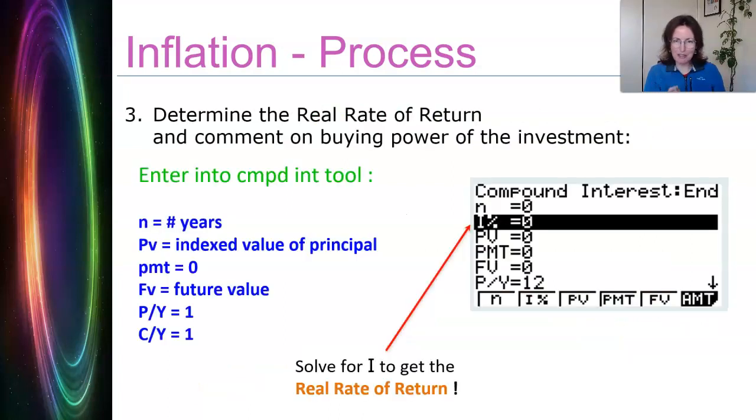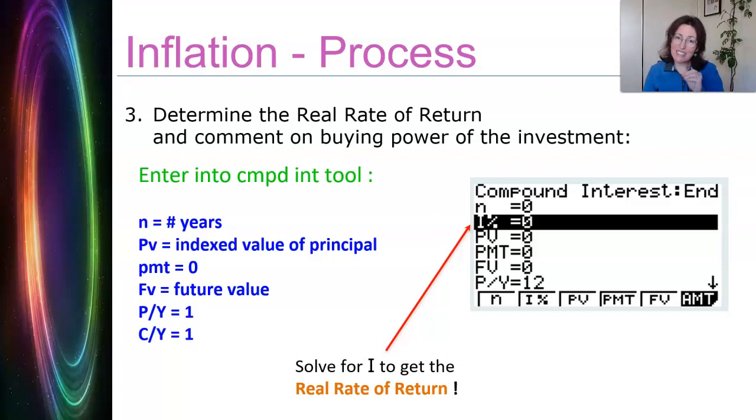This might sound a bit confusing at the moment, but as we get into the process, it'll make a bit more sense. And then to work out the real rate of return, we've got 2 dollar amounts that we're trying to compare. We've got the future value that your investment, your savings account, has actually become. But then the index value of the principal is what it should have become, so that we can compare them and see if there's a positive or a negative difference between them, to see if it's been a good investment or not.